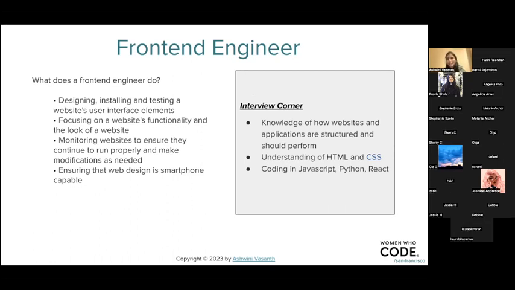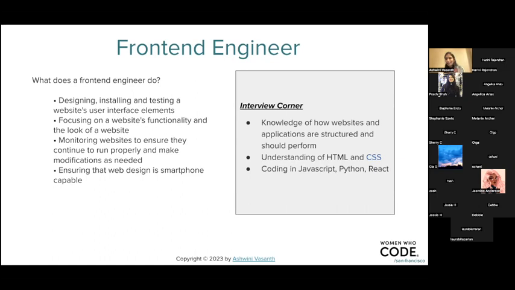So building is the first aspect, but you also need to maintain the website and make sure it's performant. The other interesting thing is that whatever you design for the web, you should think about how it would work on different devices. Making it work on a smartphone may not be automatic because the display dimensions are different. Those are some things a front-end engineer does on a day-to-day basis.